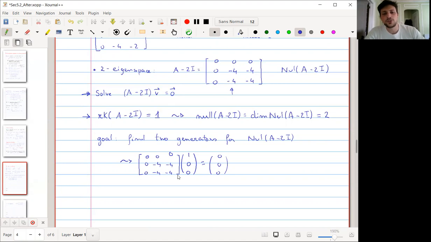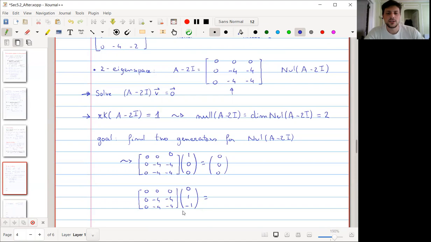Another way to get a solution to this linear system is, for example, subtracting the third column from the second. In fact, it's very straightforward to check that if I multiply that by my matrix A, you don't have to compute.